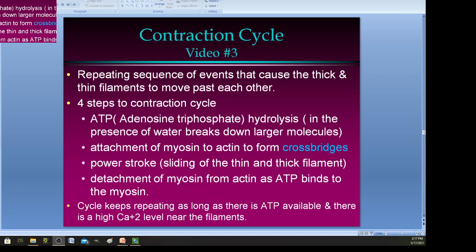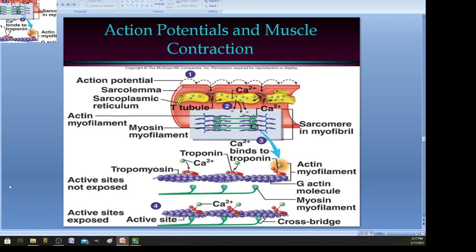So let me show you how this is going to work exactly. The next slide kind of has a series of events. Remember, we have this action potential, this nerve impulse moving through the muscle. It's going to move through the muscle down the transverse tubules to the sarcoplasmic reticulum.